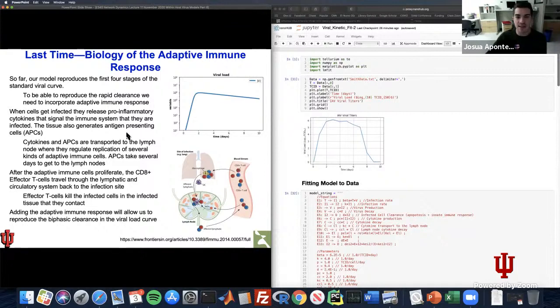And again, the idea is that once we include those different steps, we should be able to see or reproduce a rapid clearance of the viral load when the adaptive immune system kicks in.